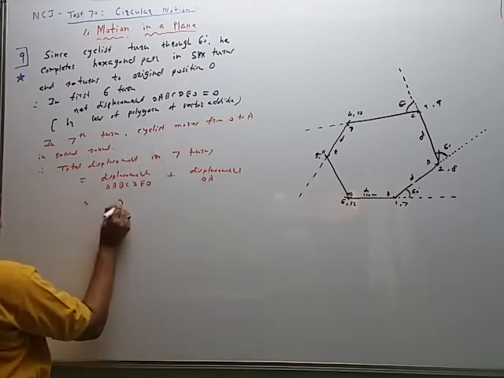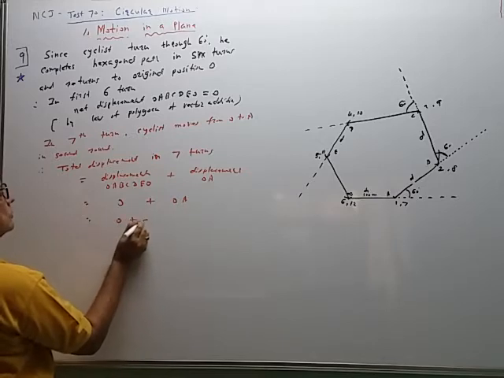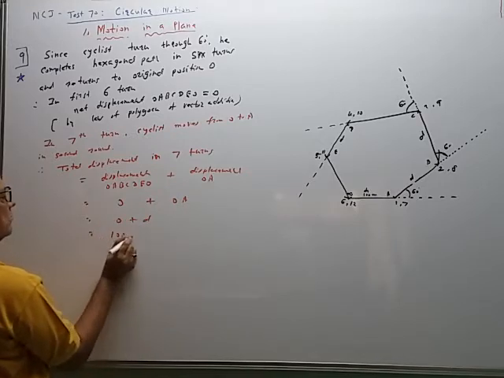And therefore this is equal to 0 plus OA. So 0 plus D, so that is equal to 100 meter.